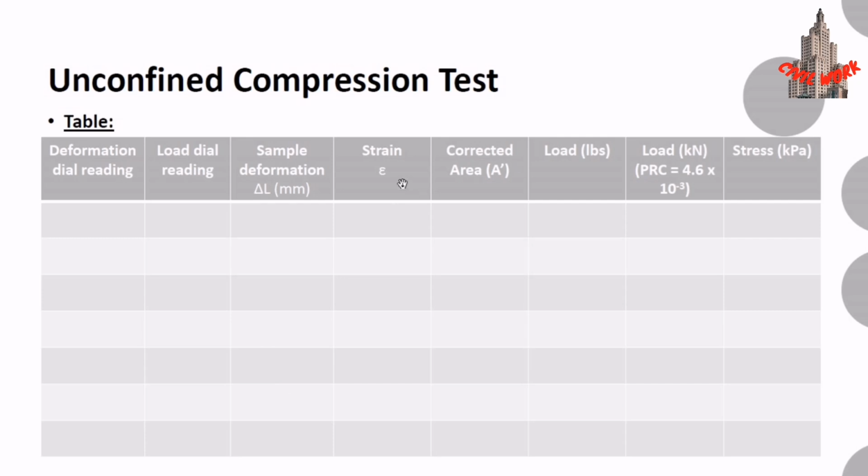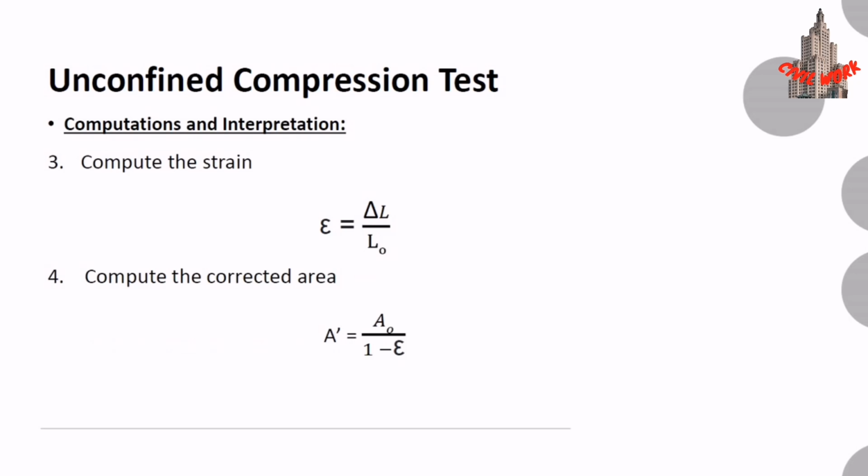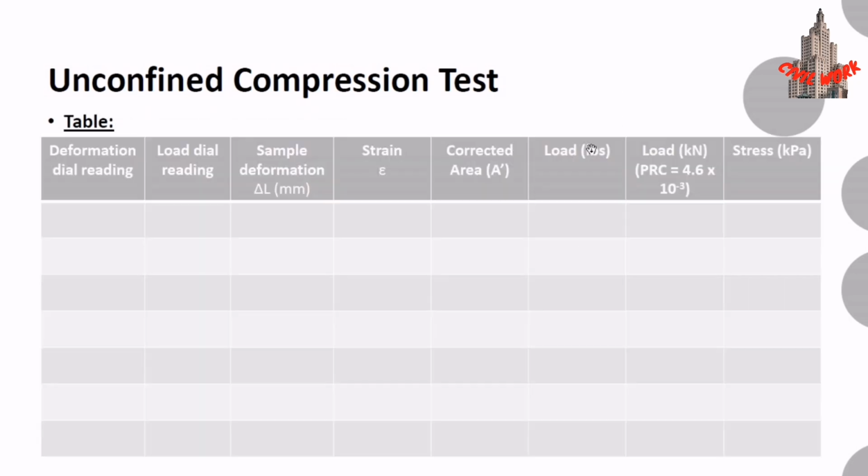Then we have the strain, which we will calculate from this formula. Then we have the corrected area A dash and load, which will be converted from the load dial reading by multiplying it with the proving ring constant.